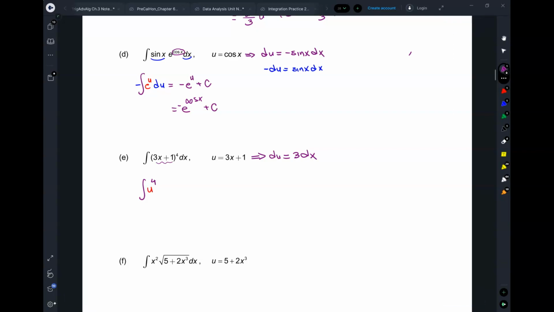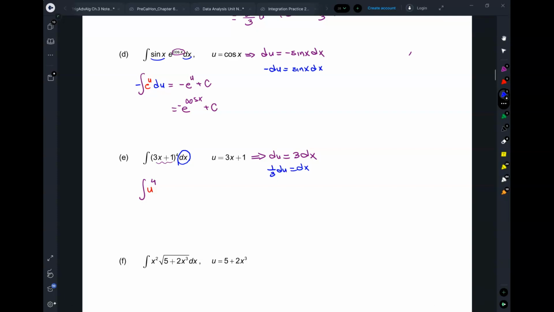Then, don't freak out. Just ask yourself, what's left over? Just dx. So go back here, and now you want to isolate the dx here. Whatever that is, you want that exactly isolated here. So dx will be 1/3 du.